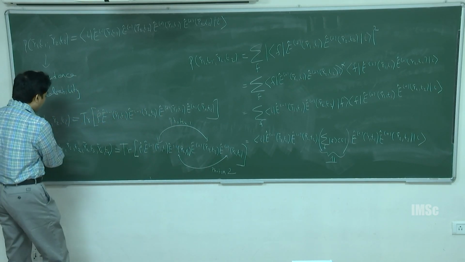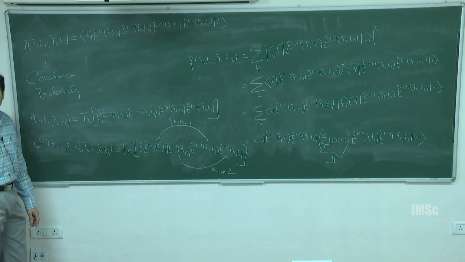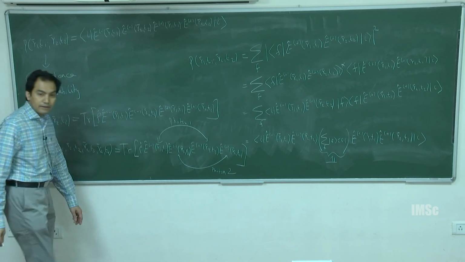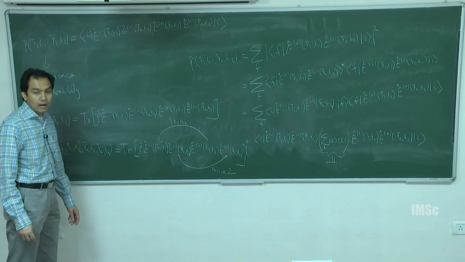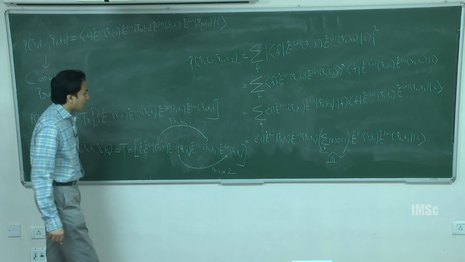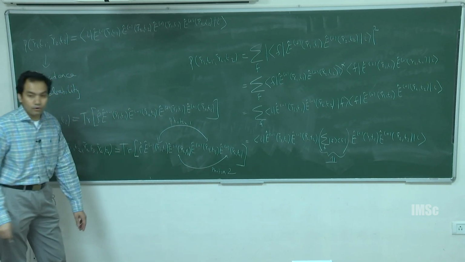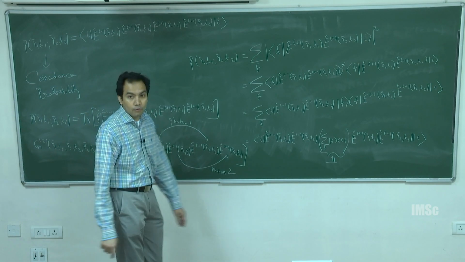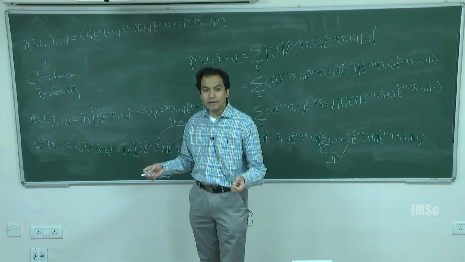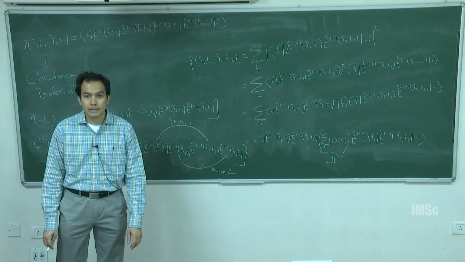This G2 of R1 T1, R2 T2, R3 T3, and R4 T4 tells you how the quantized electric field corresponding to photon 1 at R1 T1 is correlated to the field at R3 T3. Likewise, for photon 2, how the field at R2 T2 is correlated to the field at R4 T4. So basically, you're studying the joint correlation of 2 photons at 2 pairs of space-time points. That's what this 4-point correlation tells us.